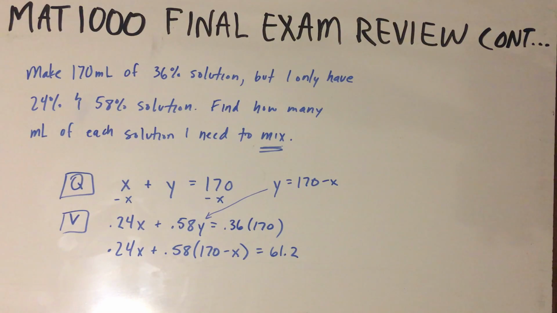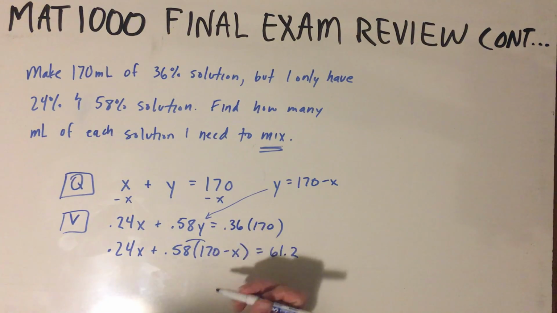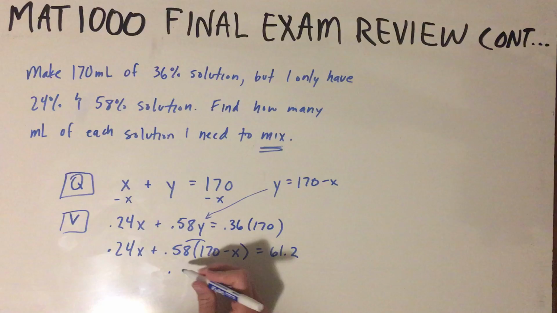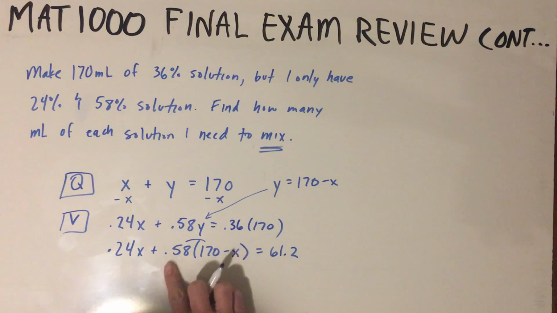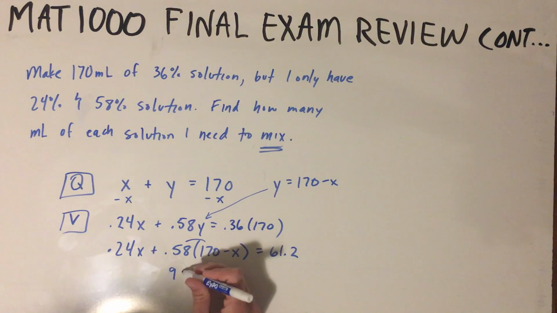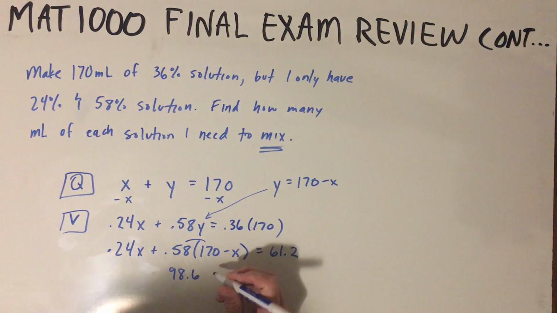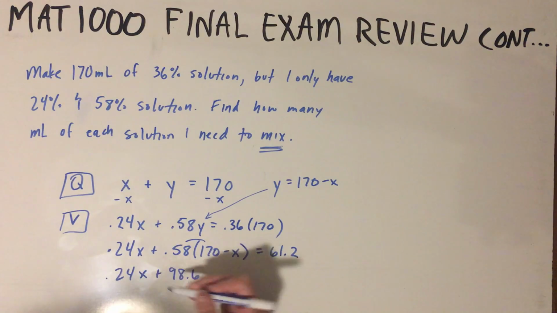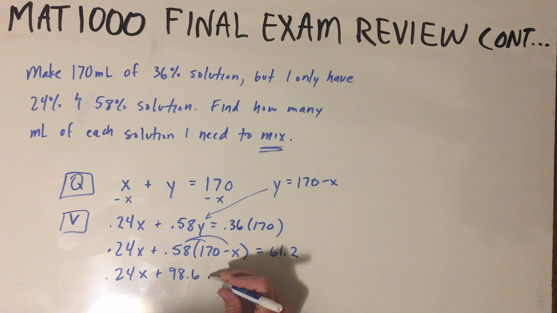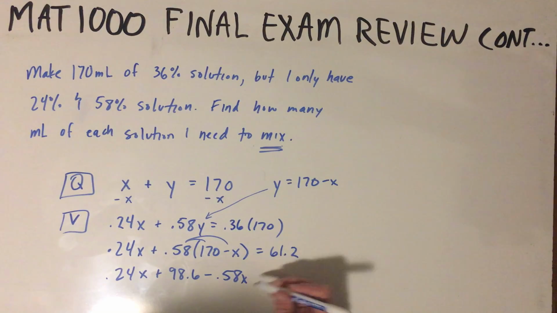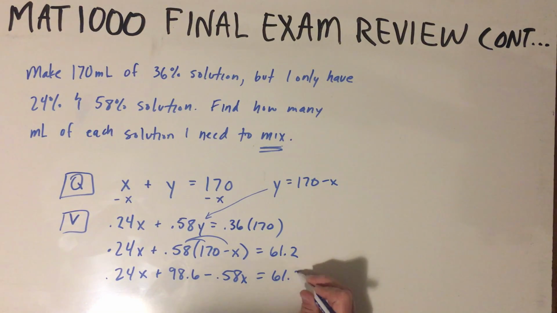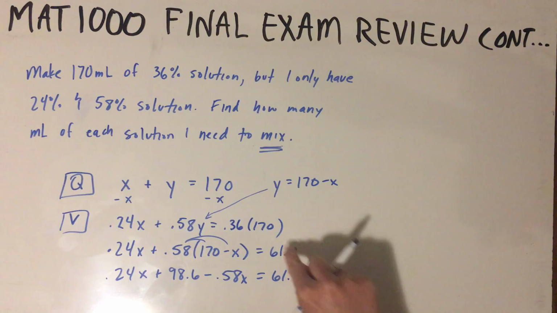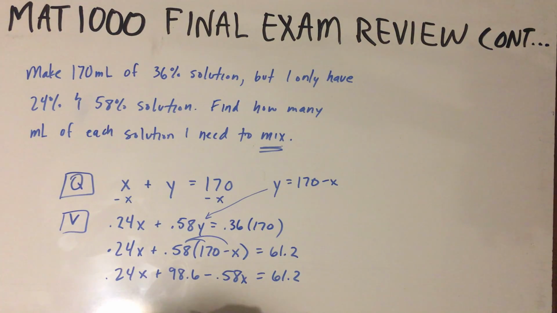This 0.36 times 170 is going to be 61.2, and 0.58 times 170 is going to be 98.6. Okay, so we get 0.24x plus 98.6 minus 0.58x, and that's going to be equal to 61.2. Again, the 61.2 is just 170 times 0.36. All right, so I'm going to combine these like terms and subtract this 98.6 to the other side.